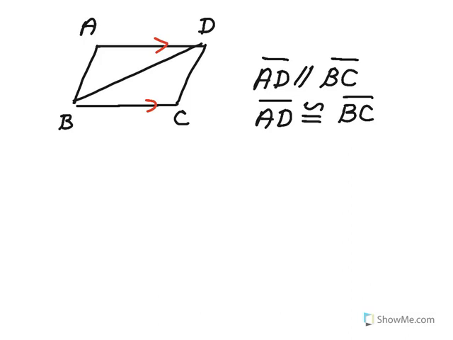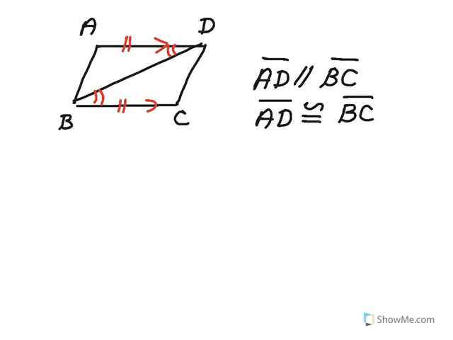If I trace this angle in triangle ADB, I can see that it would be congruent to the angle in triangle CBD down here, because BD is the transversal. So those are congruent alternate interior angles. I'm also told that AD is congruent to BC, so this segment is congruent to this segment.